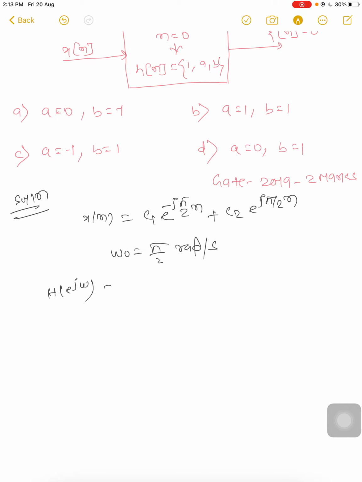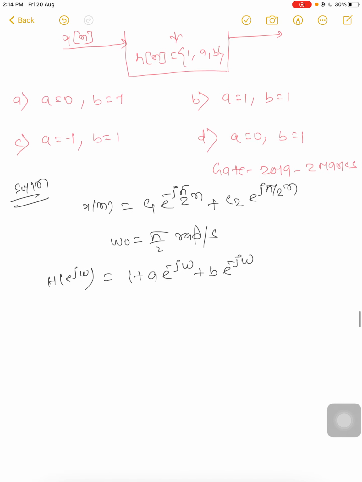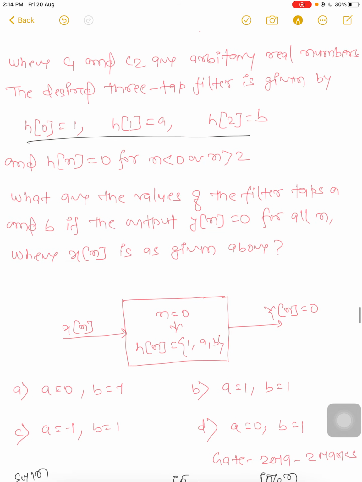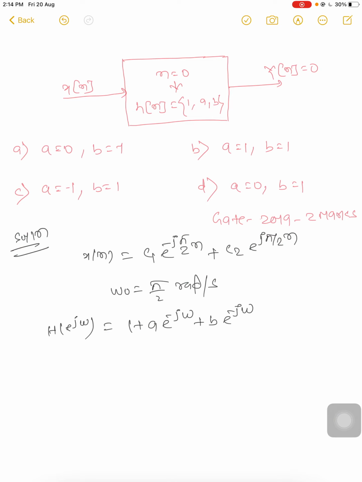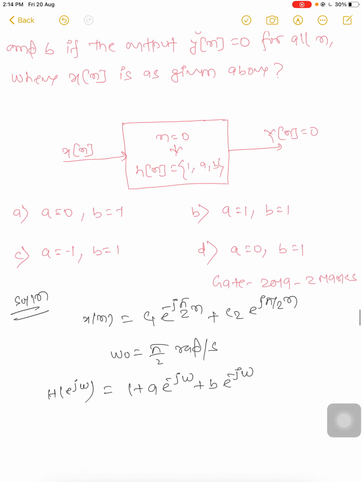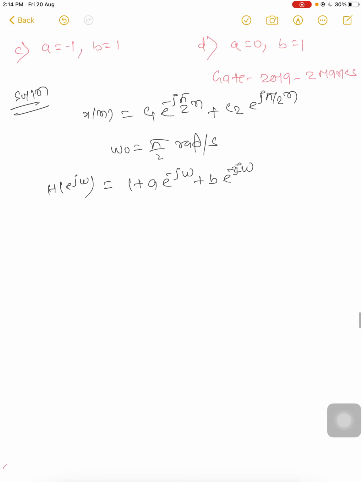H(e^(jω)) is equal to 1 + a e^(-jω) + b e^(-j2ω), because h[2] is given, so it is e^(-2jω).